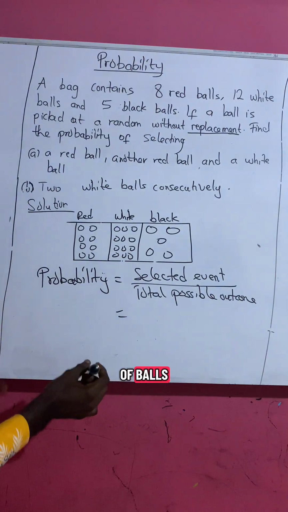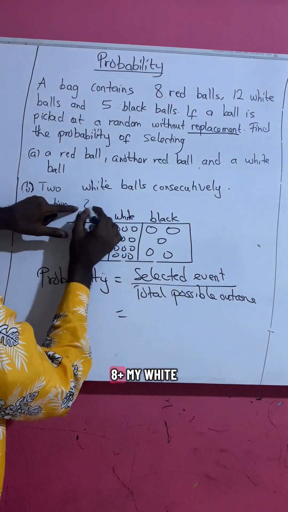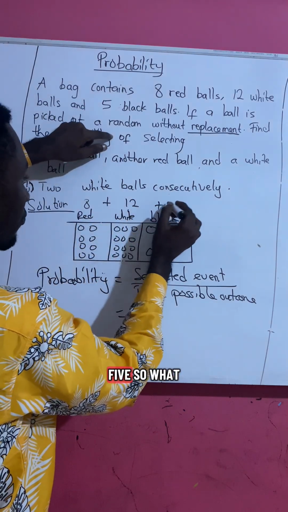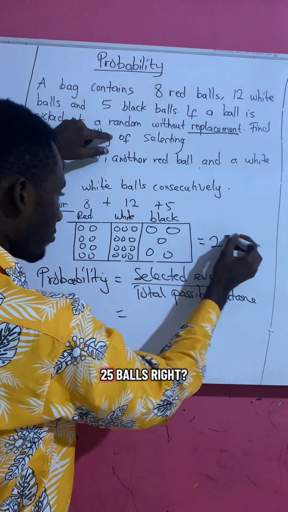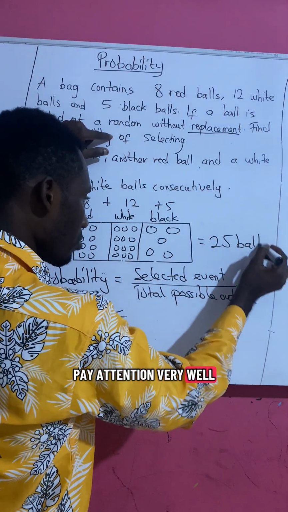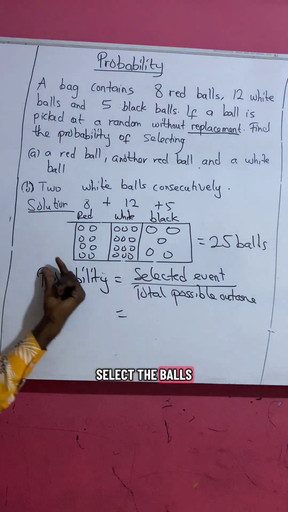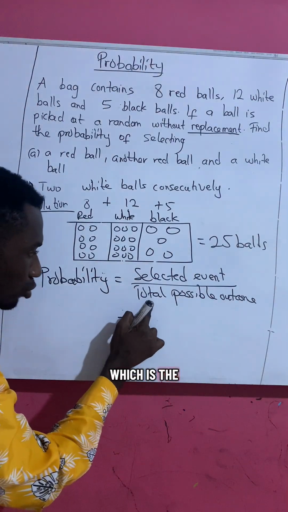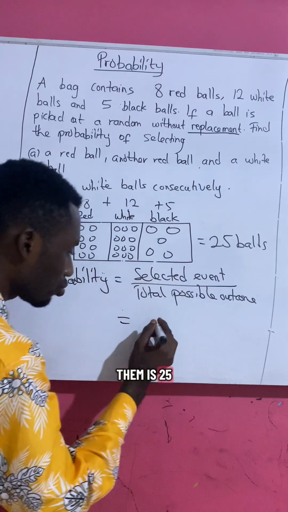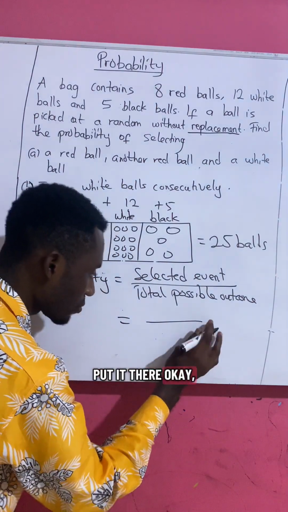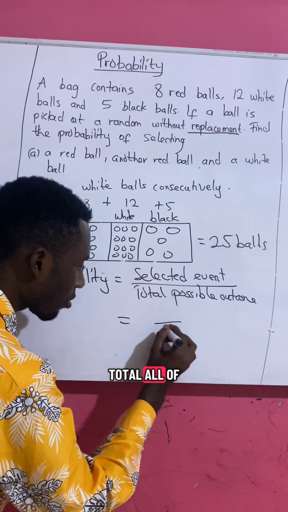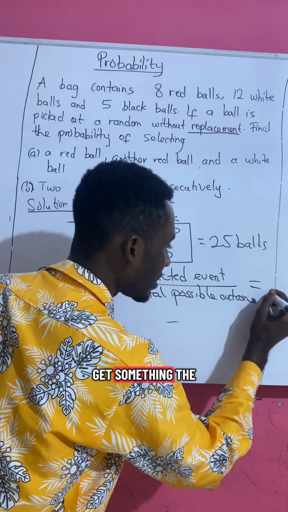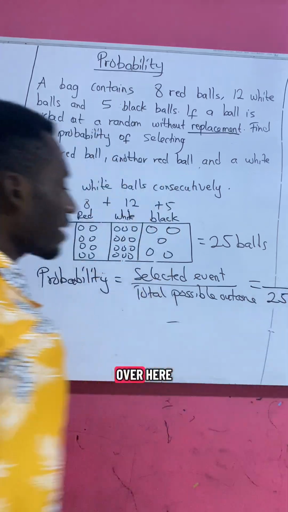I add the red balls, 8, plus the white balls, 12, plus the black balls, 5. What do I get? 25 balls. Pay attention very well. I am going to select the balls out of these 25 balls, so the total possible outcomes is 25. Let me write it here: the total is 25.